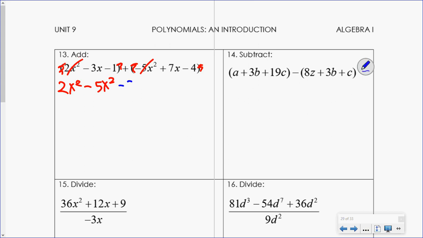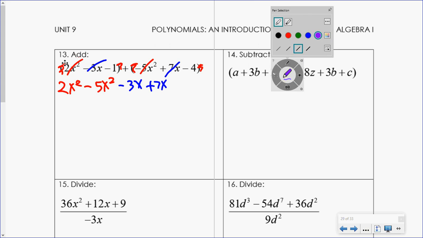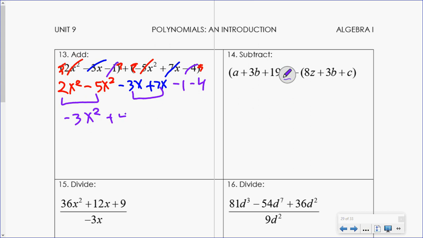Then I have negative 3x's plus 7x's. Then I have negative 1 minus 4. Combine like terms, I get negative 3x squared plus 4x's minus 5 as my final answer.